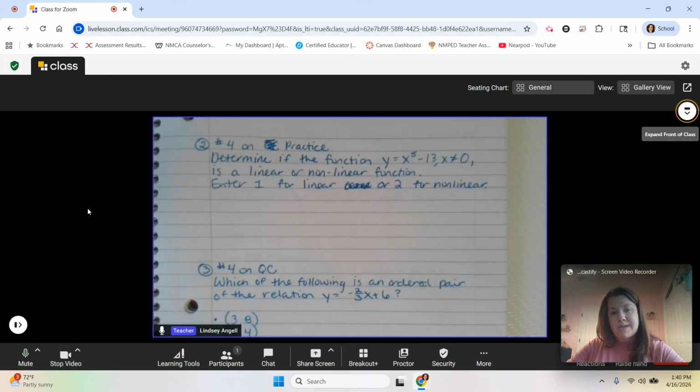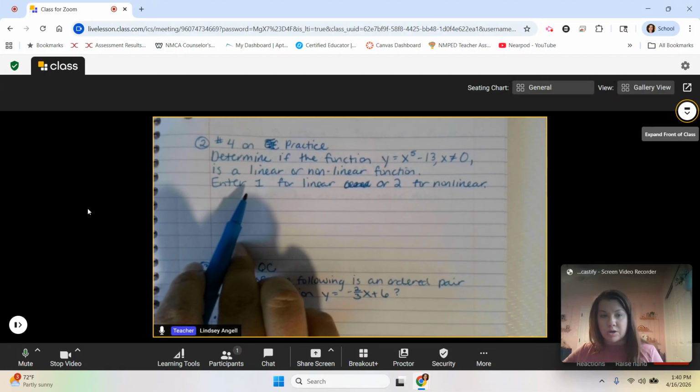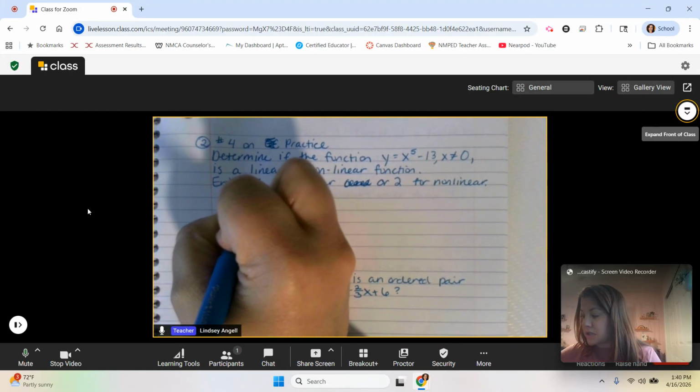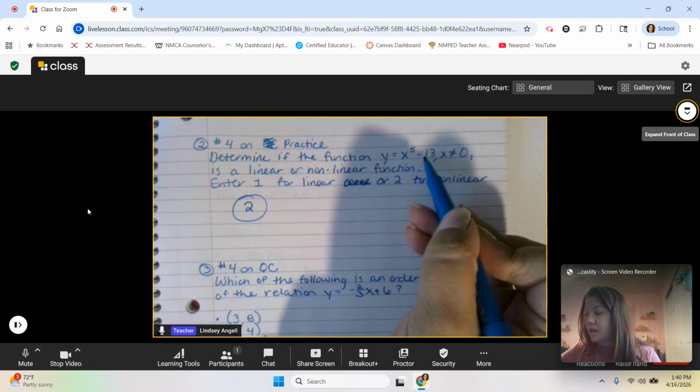Number 4 on your practice is the next one we're going to go through. Determine if the function y equals x to the 5th power minus 13, where x does not equal 0, is linear or nonlinear. You look at it and you're like, whew, that sounds a little bit bigger. It tells you in your lesson, enter 1 for linear or 2 for nonlinear. In this case, the answer is 2. This is non-linear, okay?